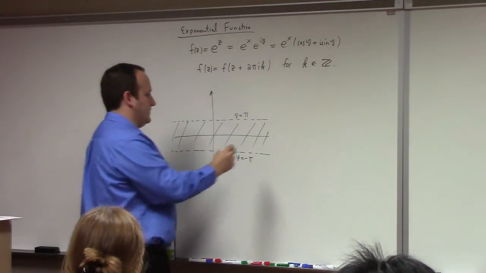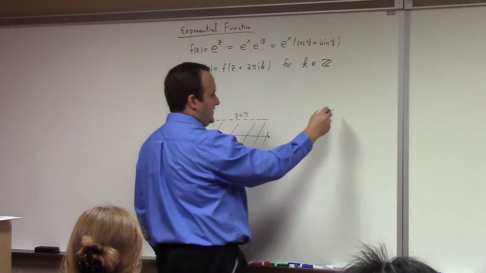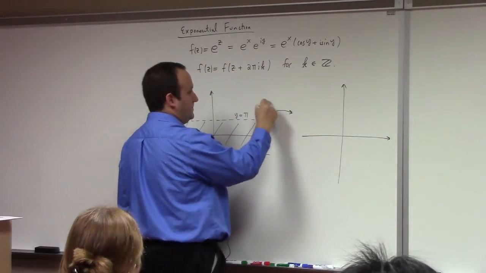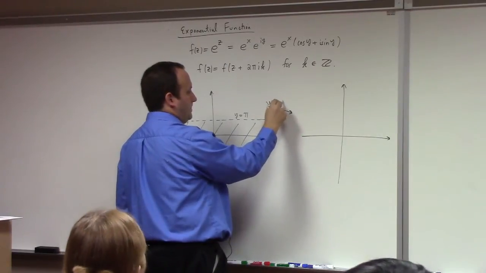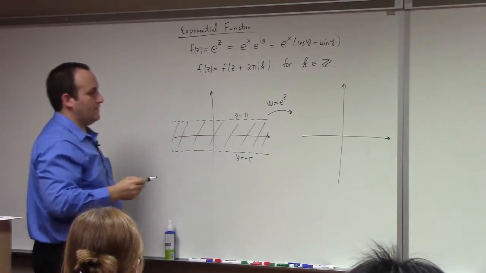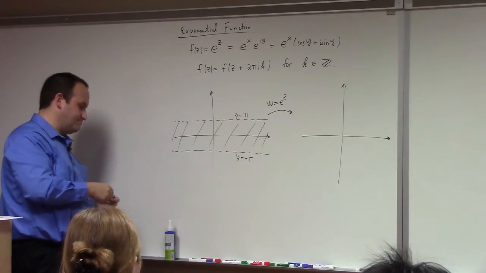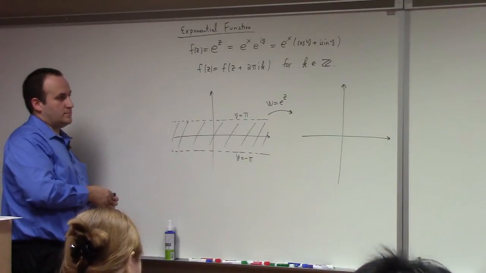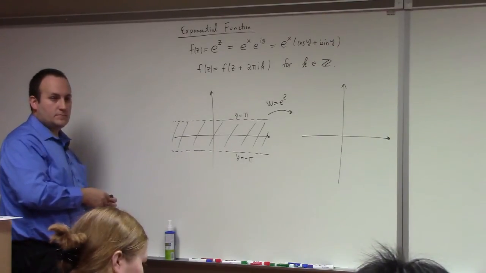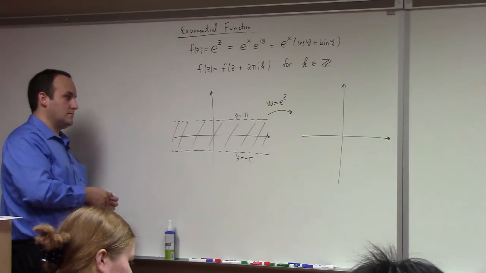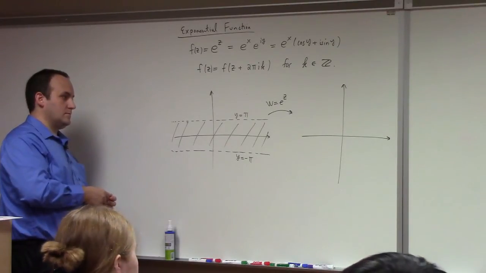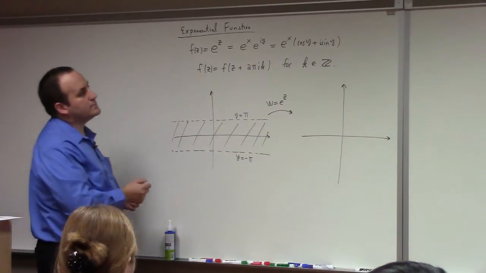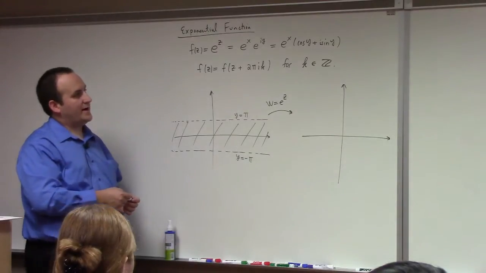If we study this mapping, what would e to the pi be?